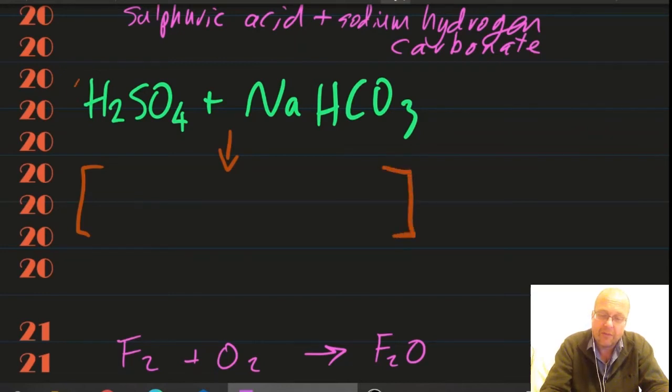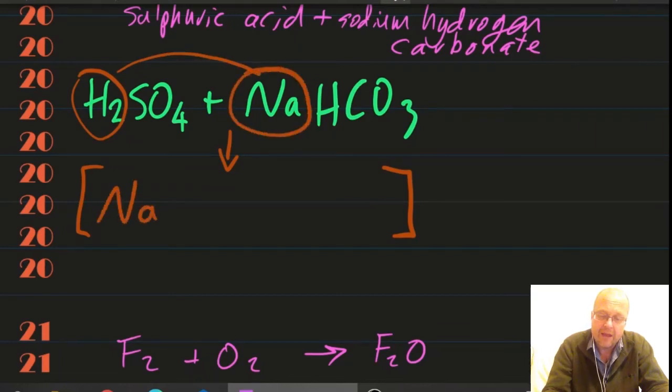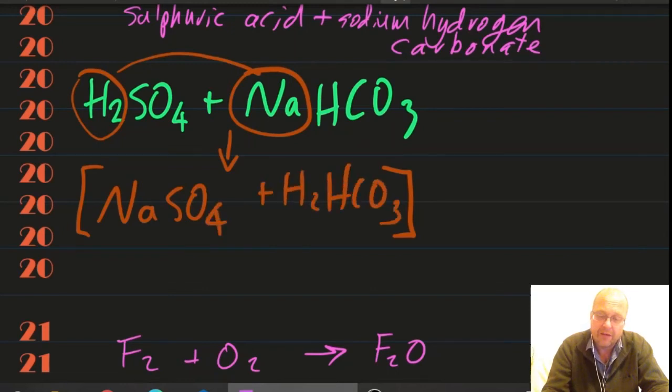And what I'm going to do is swap the H's in the acid with the metal. And that's going to give me NaSO4 and H2HCO3. Neither of those two exist, so that doesn't seem very useful. No, I think it is. I know that sodium sulfate should be Na2SO4, and this H2HCO3 is just struggling to be water and carbon dioxide.